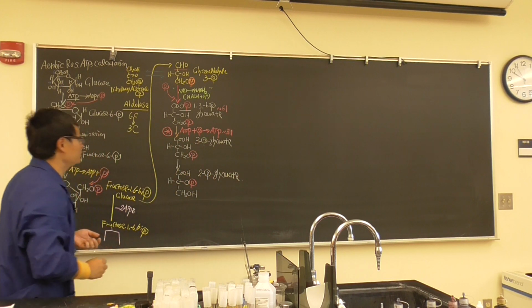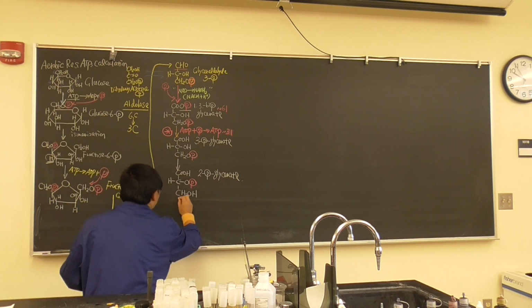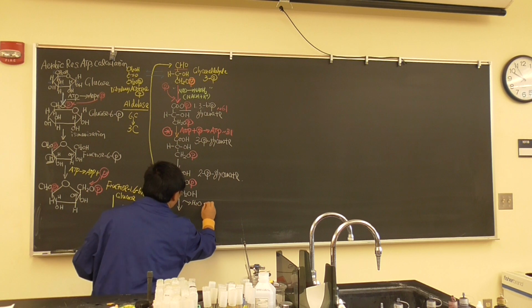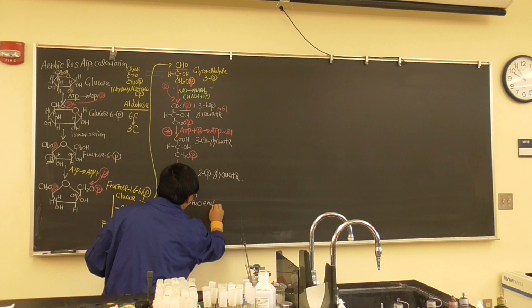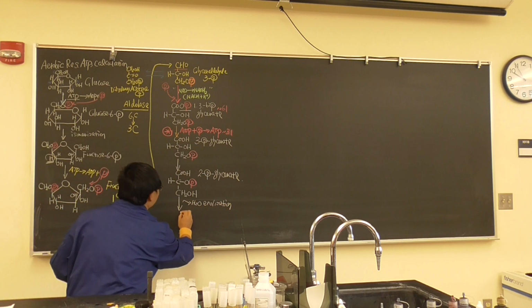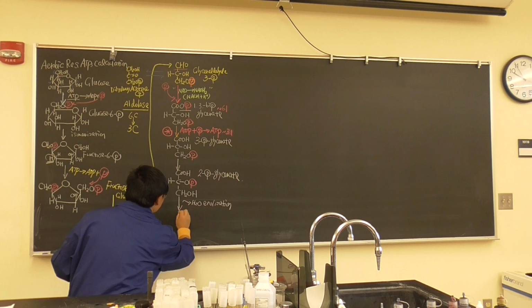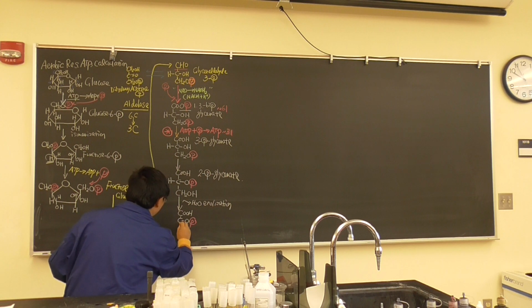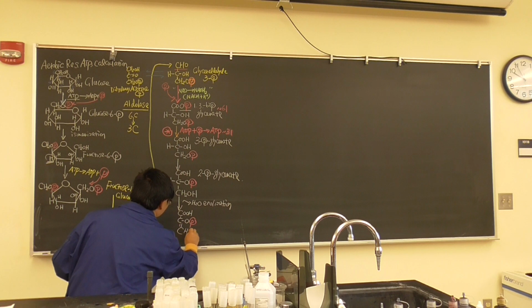Okay, then what is going to be the next step? Goes here. It is going to lose 1 molecule of water, so we call it dehydration and it needs an enzyme called enolase. So what it becomes is COOH, CO phosphate, and then double bond CH2.